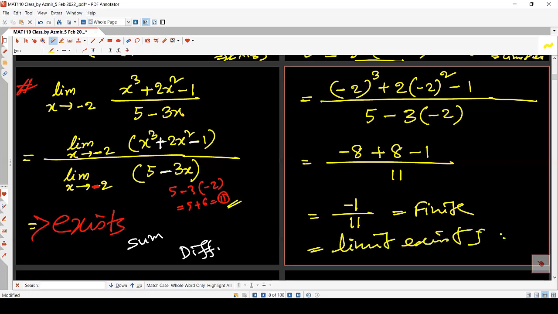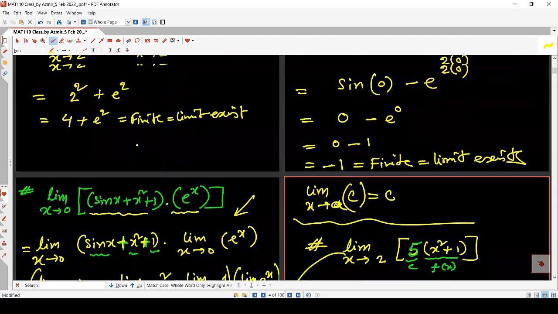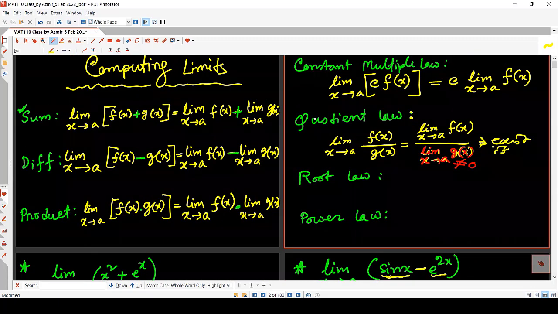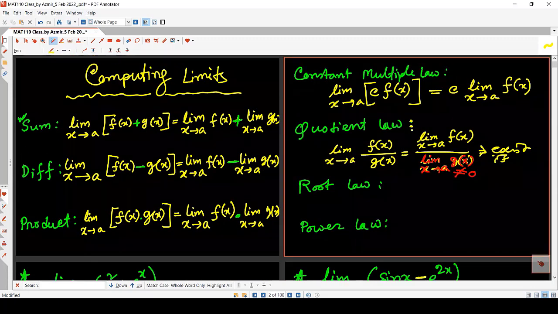So we have seen how the quotient property is being applied. Limit of f of x divided by g of x can be written as limit of f of x divided by limit of g of x. After the sum, difference, product, constant multiple law, and quotient law, we also have to know another two laws.